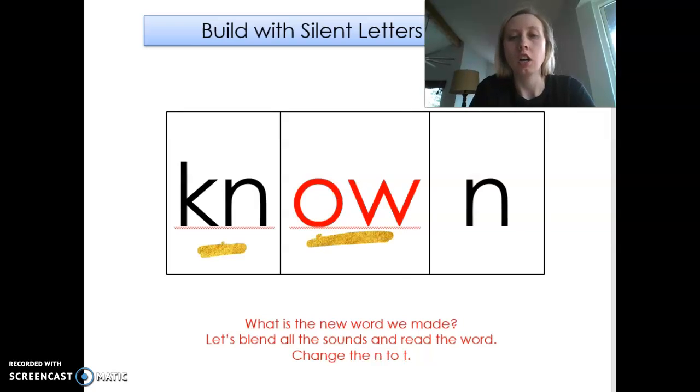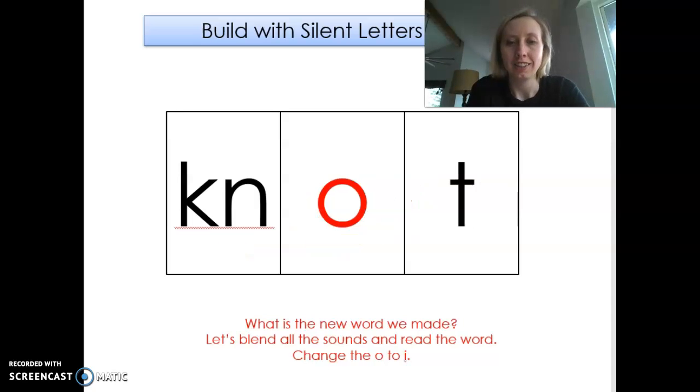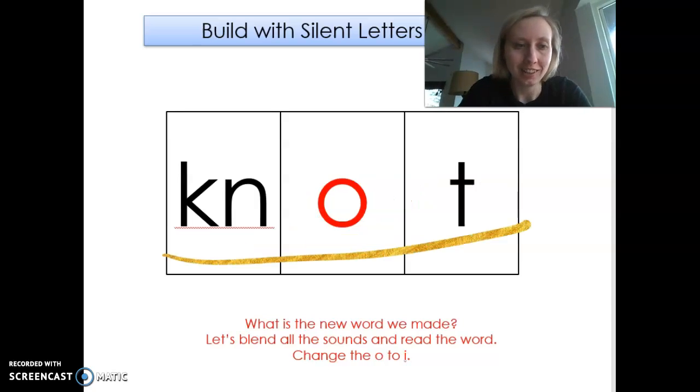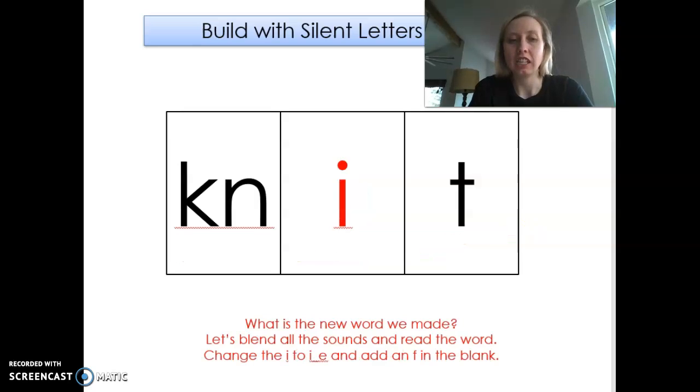Yeah, not. I'm still learning too. Okay, change. So not, like you tied something in a knot. Now change the o to i. Knit. Change the t to, okay, change the o to i and add an f in the blank.